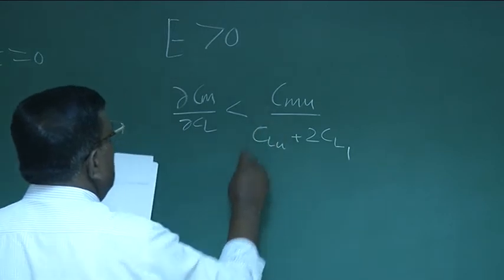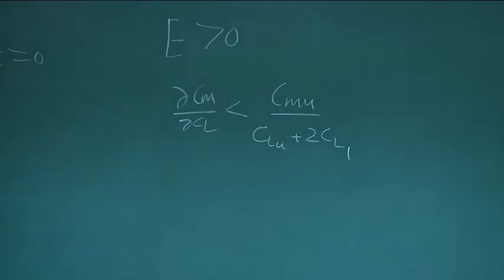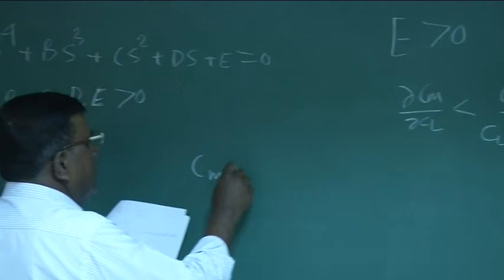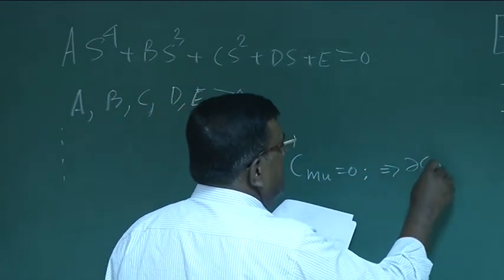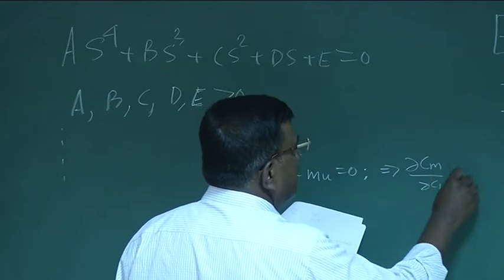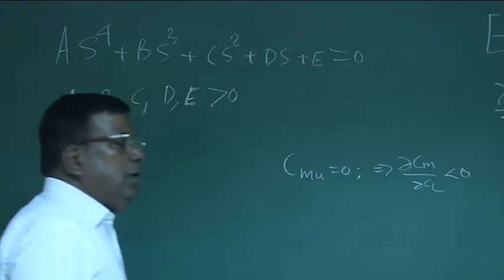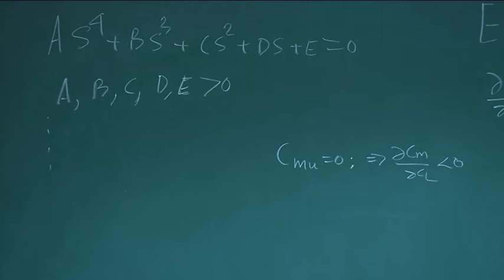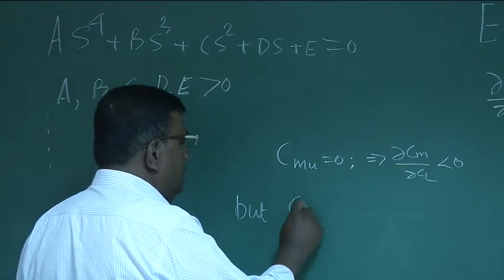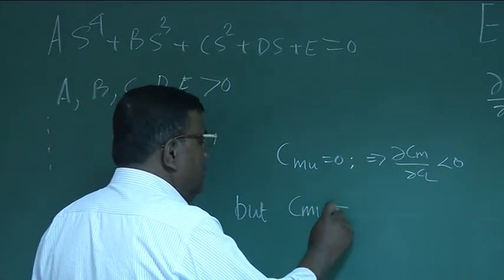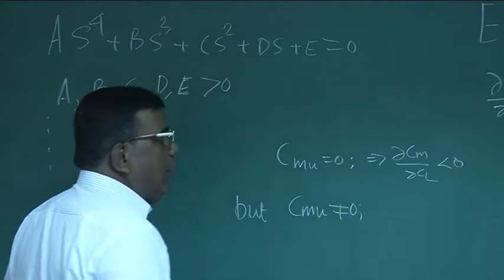Okay? And from this relationship, we realize that if CMU is equal to 0, this implies simply dCm/dCl less than 0, with which we are very familiar: the slope of Cm versus Cl at equilibrium should be less than 0. But at high speed, if CMU is not equal to 0, then what?